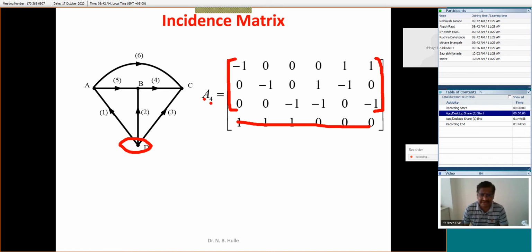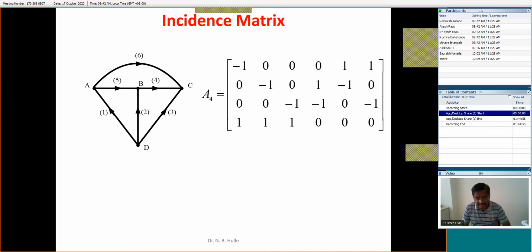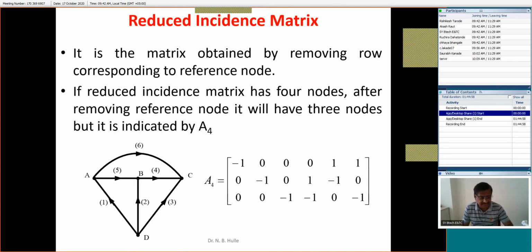This 4 indicates we have 4 nodes, 4 rows. The same indication is there in the incidence matrix also. Even though we are observing here 1, 2, and 3 rows, it does not mean it has 3 nodes. A4 means it has 4 nodes, but one of the rows is deleted from the incidence matrix. That's why this matrix is known as a reduced incidence matrix.